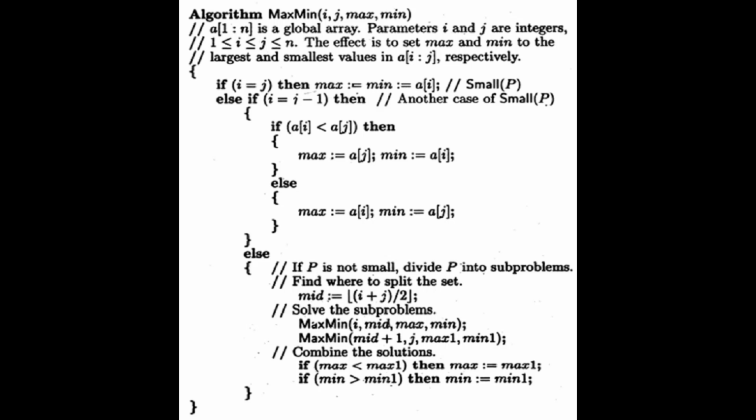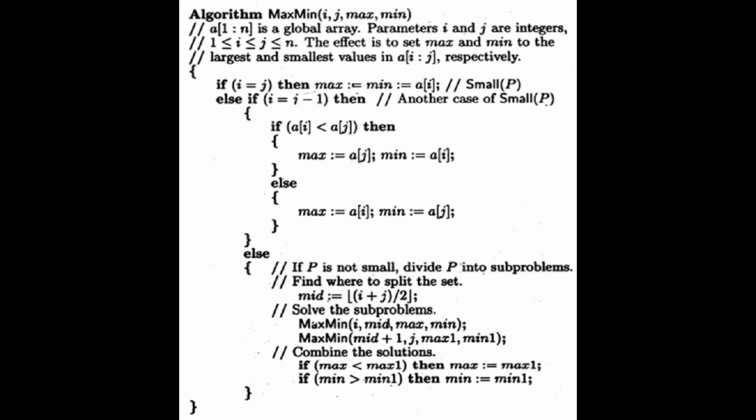The condition is: if A[i] is less than A[j], the first element is less than the second element, then set max equal to the second element A[j] and min equal to the first element A[i].